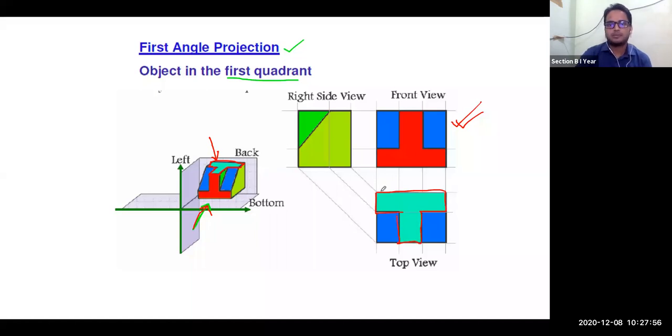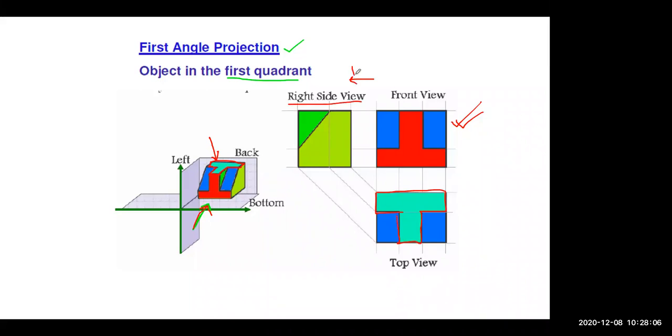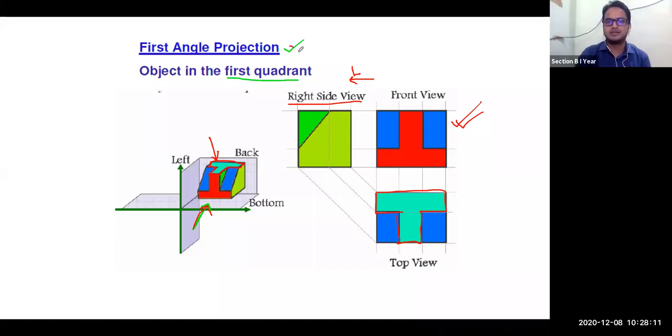Now the point to be noted once again, as I have told you: this right side view is coming to the left side of the front view. So this is first angle. Many students got confused, they draw the right hand side view on the right hand side.